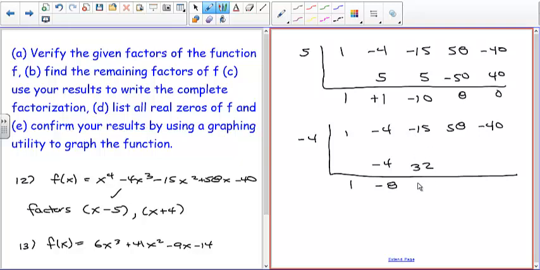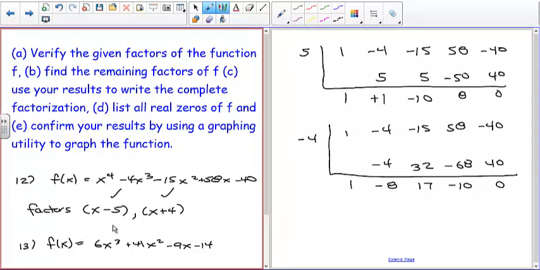Add these two together, 32 minus 15 is 17. Negative 4 times 17 is negative 68. 58 minus 68 is negative 10. Negative 4 times negative 10 is 40. Add those together, you get 0 remainder. Okay, so that verifies that these are factors.